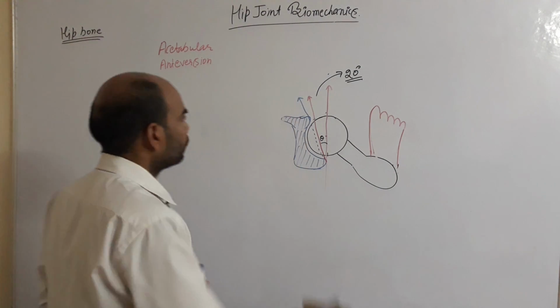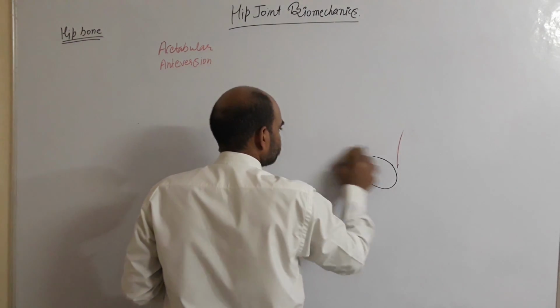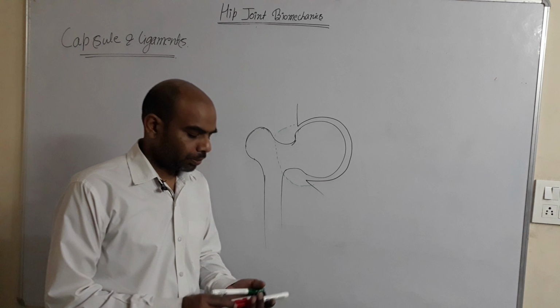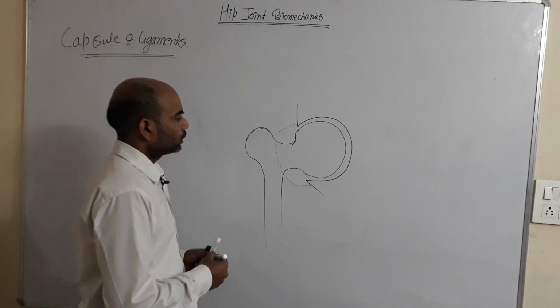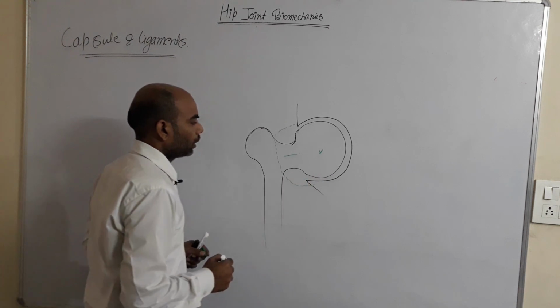Now move on to articular cartilage and joint capsule. The capsule of the hip joint covers the head and neck of the femur.